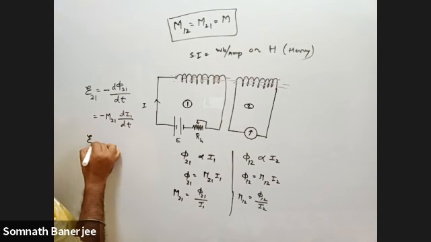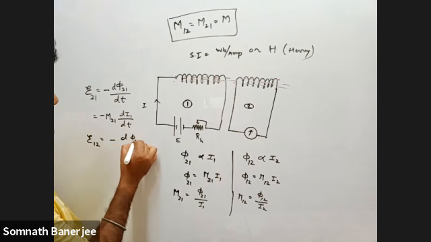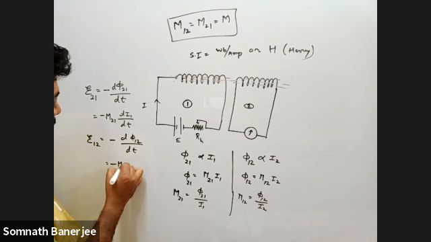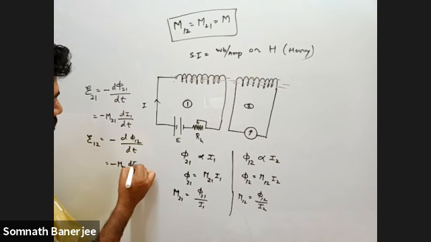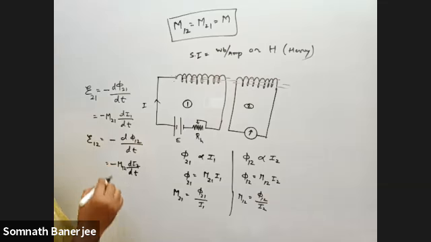Similarly, the EMF at the first coil due to the second coil is minus d(flux at first coil due to second coil) by dt, that is minus M12 dI2 by dt. So from this you can find the EMF also.